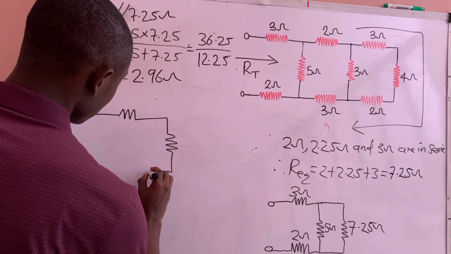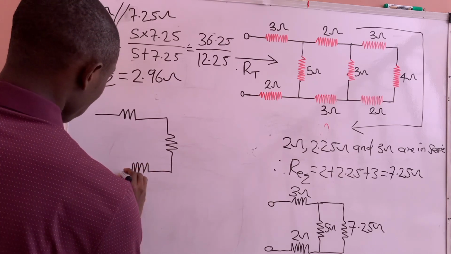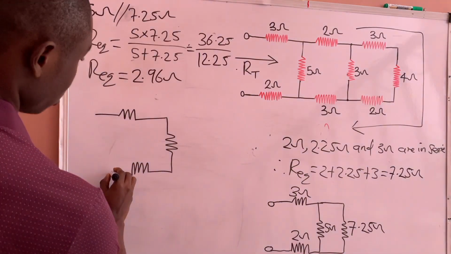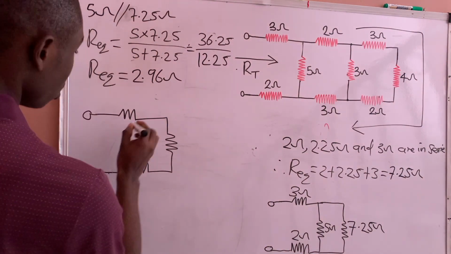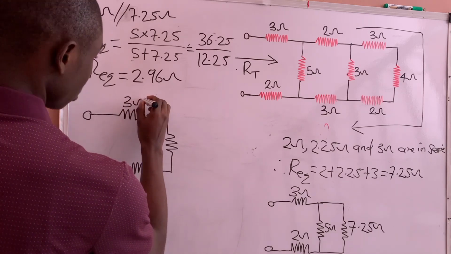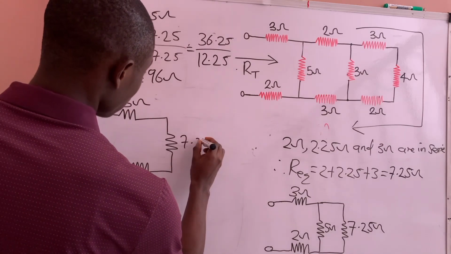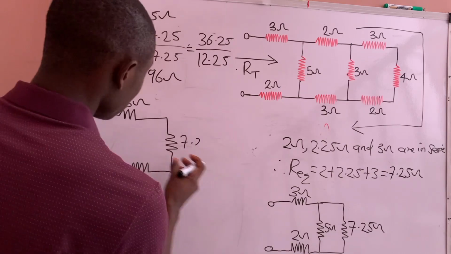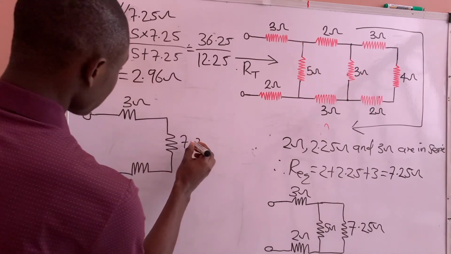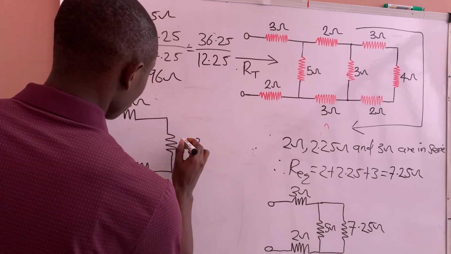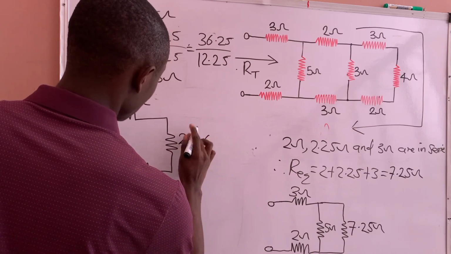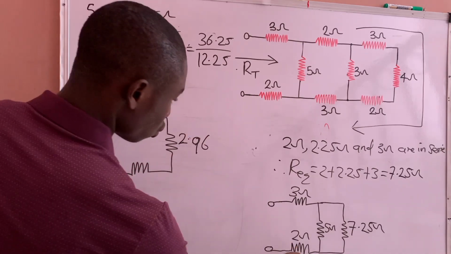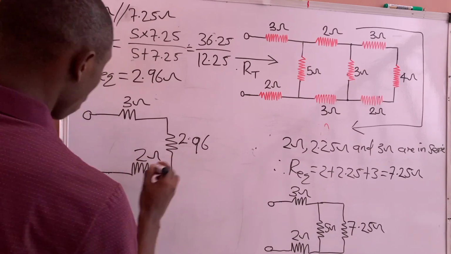We have reduced the circuit to a single series network. So here is 3 ohms, here will be 2.96 ohms, and here will be 2 ohms.